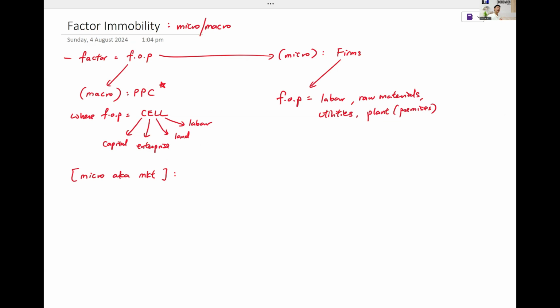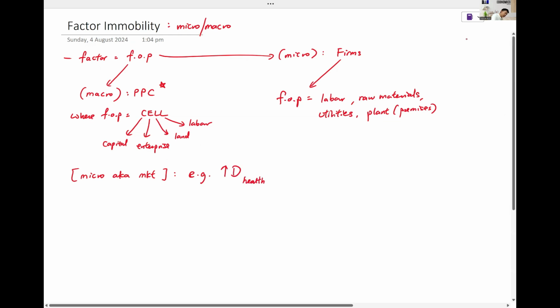Doctors, you need years of training. So one example is there is higher demand for health care because of aging population or pandemic. Okay, higher demand for healthcare.